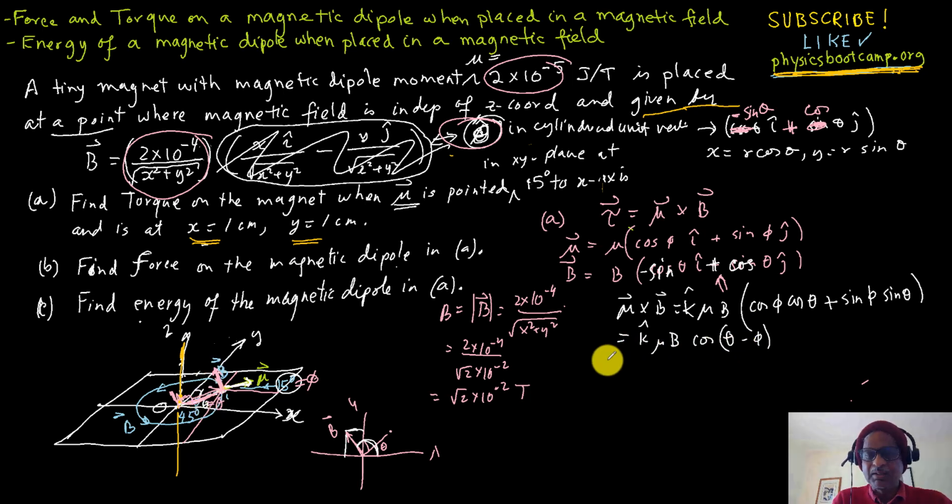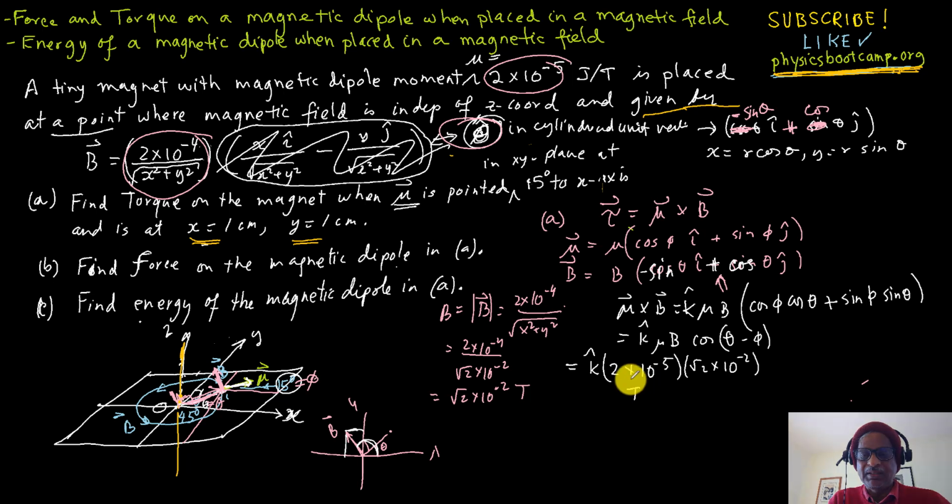And so 45 degrees minus, so this is 30 degrees. So this is going to be just very simply 2 times 10 to the power minus 5 and square root of 2 times 10 to the minus 2. Everything working in SI units.